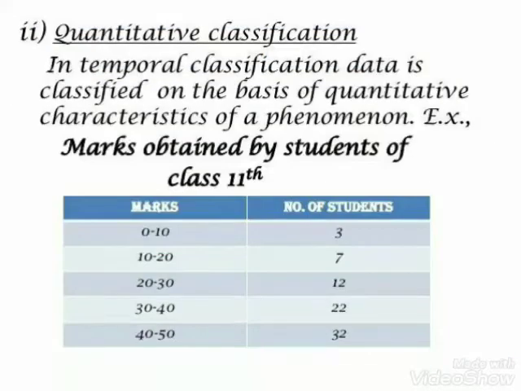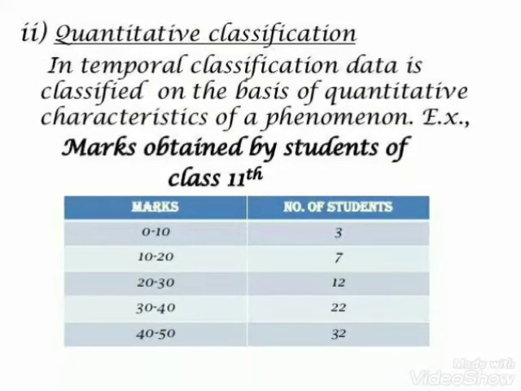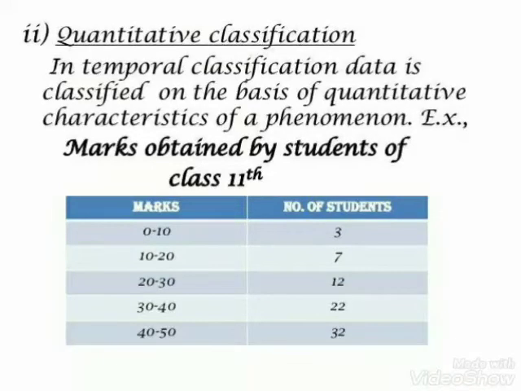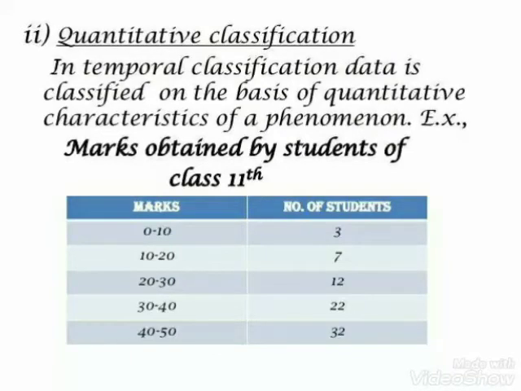Next comes the quantitative classification of data and tabular presentation. Well, when we talk about quantitative classification, it occurs when data are classified on the basis of quantitative characteristics of a phenomenon. For example, if we take data on marks of the students of class 11, let's say in economics.